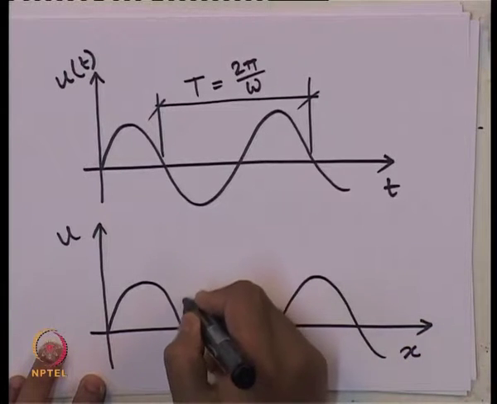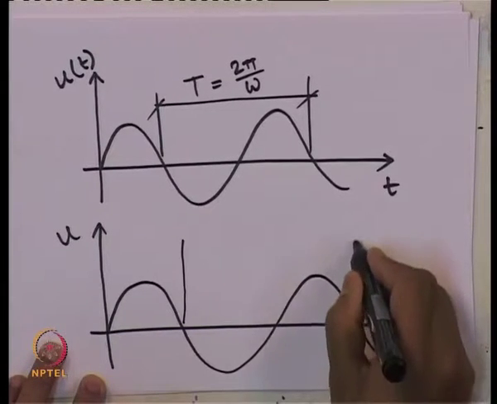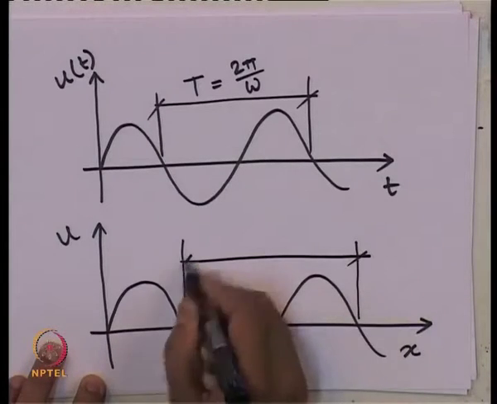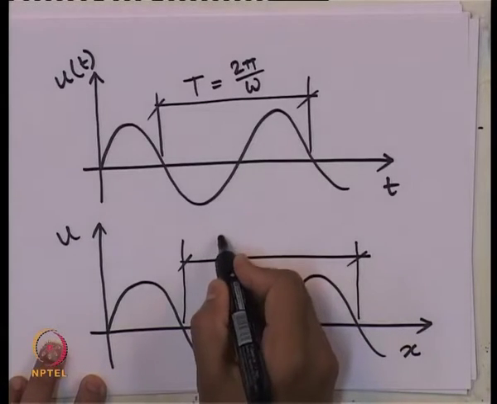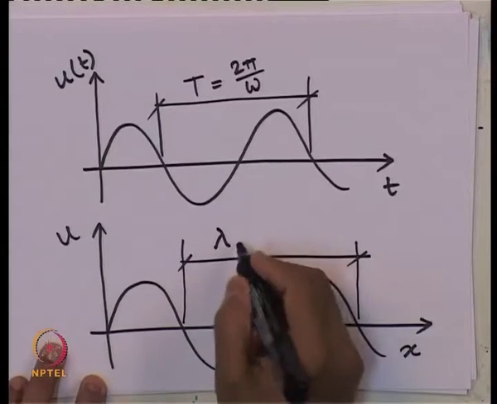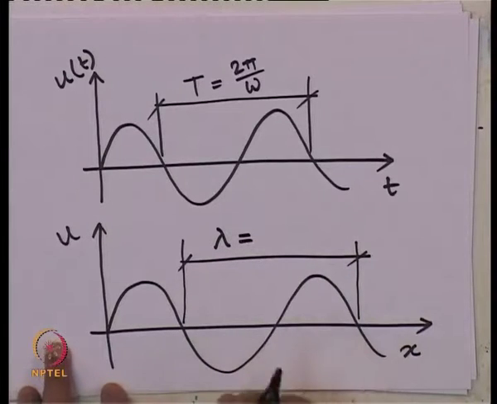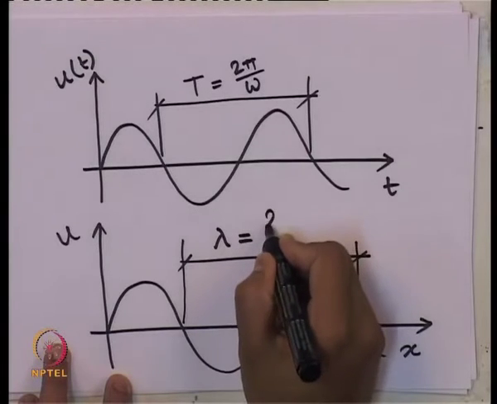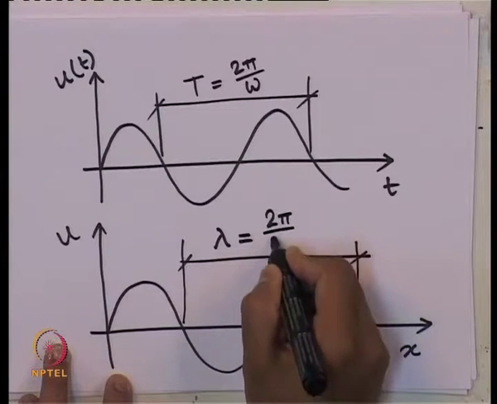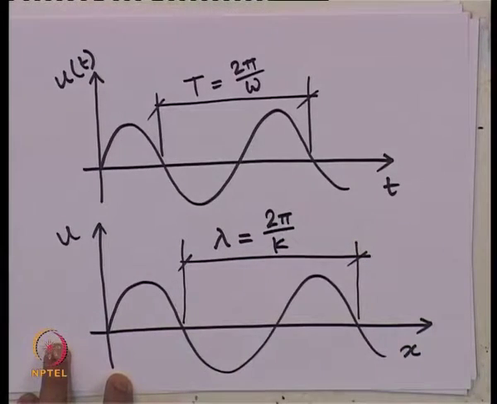In this case, when we are representing it with respect to distance, to complete one cycle, the distance covered is known as wavelength, which you must have read in your physics also earlier. This is nothing but lambda equals 2 pi by kappa. So, what does it mean?